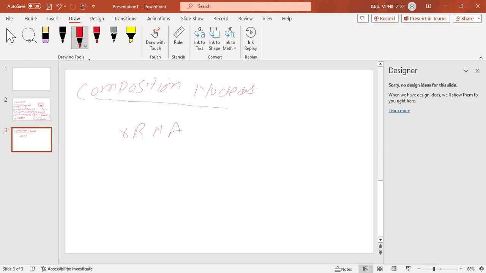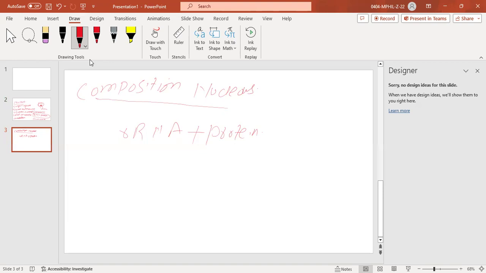Plus protein. Remember, ribosomal RNA is ribonucleic acid, and it also has protein with it.